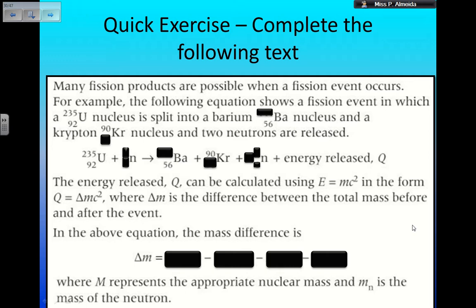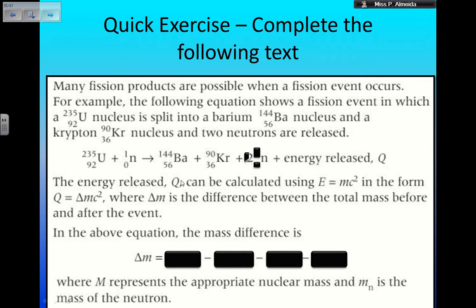So if I have a neutron, then I have 1 for mass number, and it has no protons, so it has 0. Because this is going to be just like a mathematical equation where the numbers before need to match the numbers after, then it means that barium, looking at the other numbers and knowing how many neutrons I have, that they say there's 2, needs to be 144. And then krypton needs to have an atomic number of 36, okay? 56 is the other one.